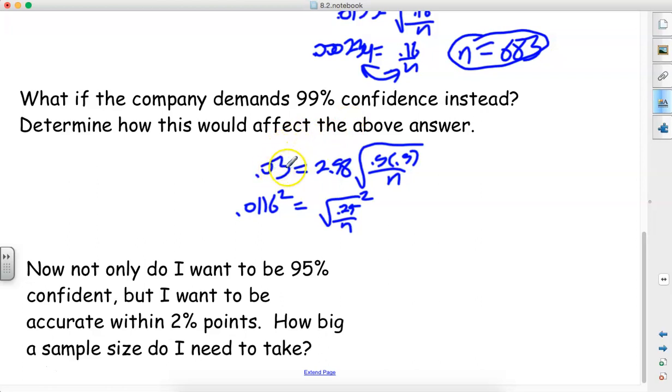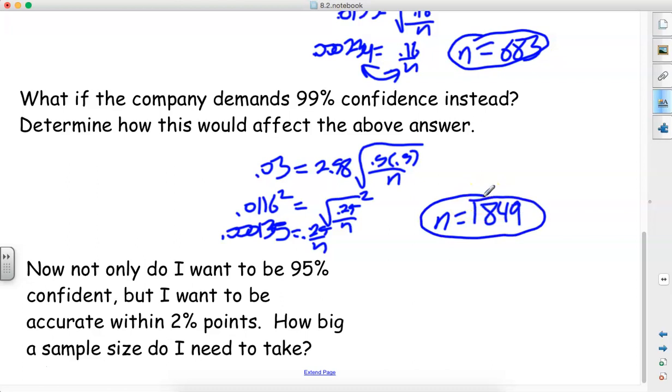That gives us 0.000135 equals 0.25 over n. Now we divide 0.25 by this long decimal, and that gives us n, which is 1,849. And mine has it exactly 1,849, which is interesting. So it's exactly 1,849. So you don't need to round it up too much.